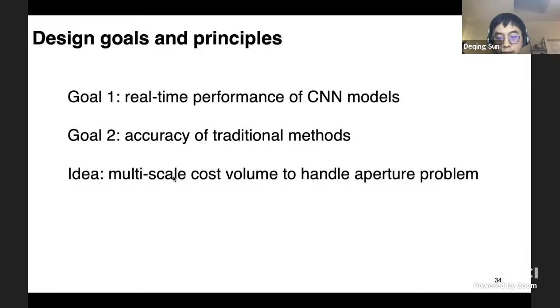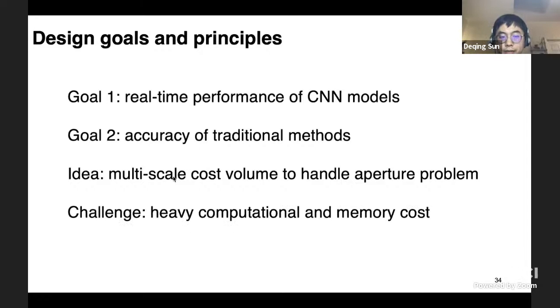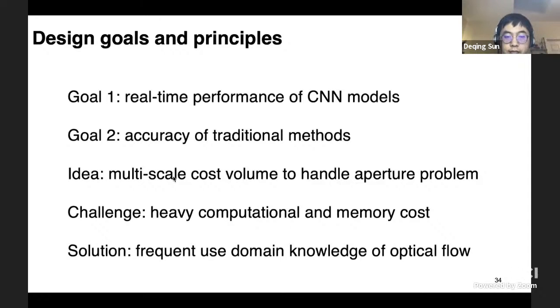But then the problem is how can we handle the computation and memory cost? For this, our idea is to make use of the domain knowledge so that we can reduce the memory and computational cost. Next, I will explain how we can do that.